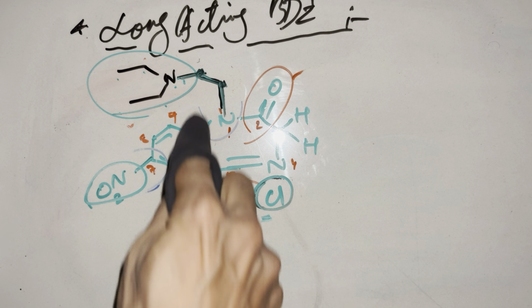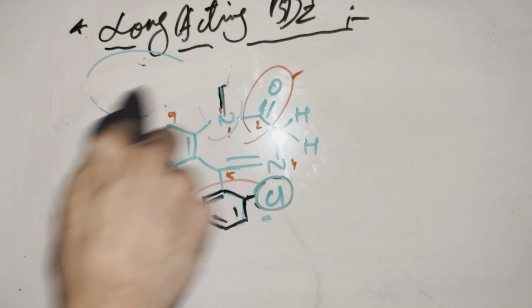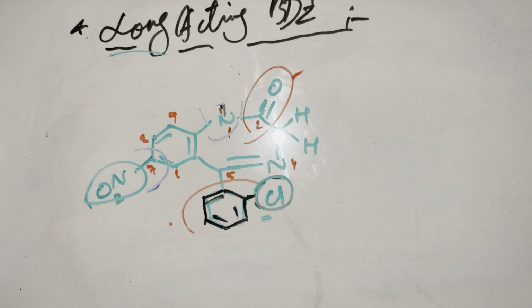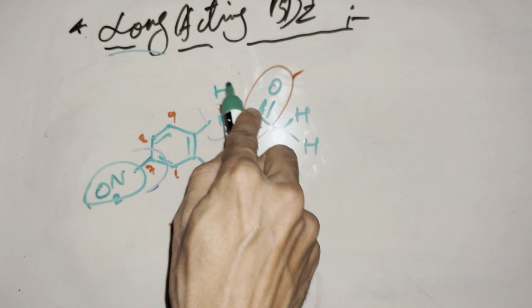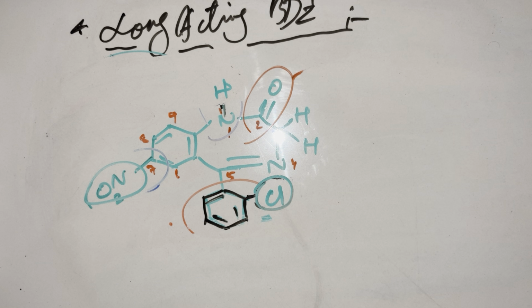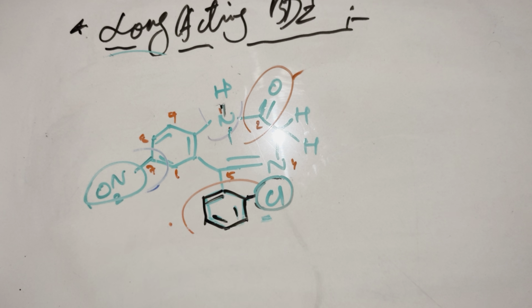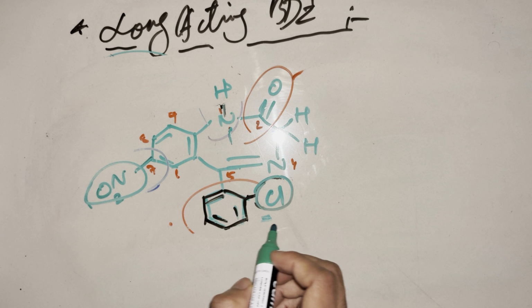Okay. That diethylaminoethyl group will not be there now. So nitrogen is totally free. One hydrogen will be there normally. So now your numbering will start from the same nitrogen: 1, 2, 3, 4, 5, 6, 7, 8, 9. Now naming will start from chlorine C. So it will start from here.